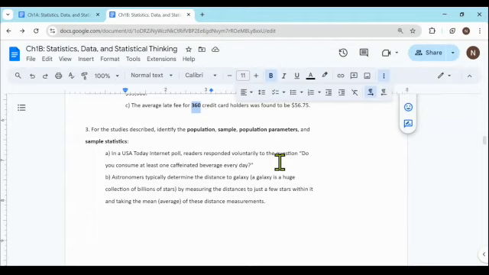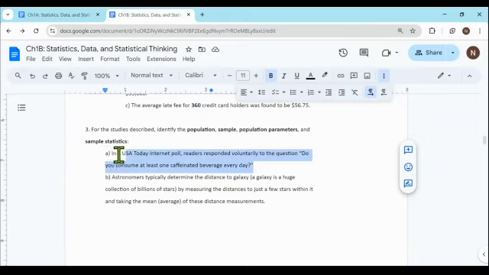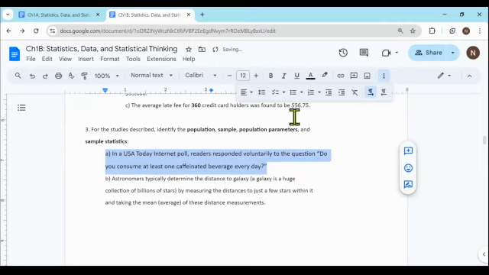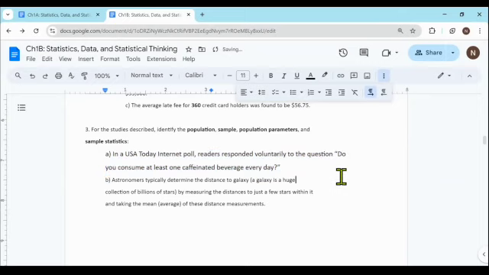What are the answers for these two? For which one? Number 2? Yeah, for the question, number 3. The population here, can you please read this again? In USA Today internet poll, users responded voluntarily to the question, do you consume at least one caffeinated beverage every day?